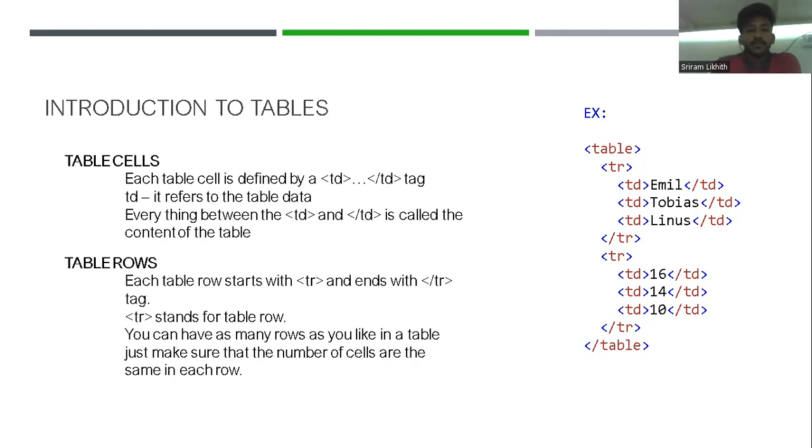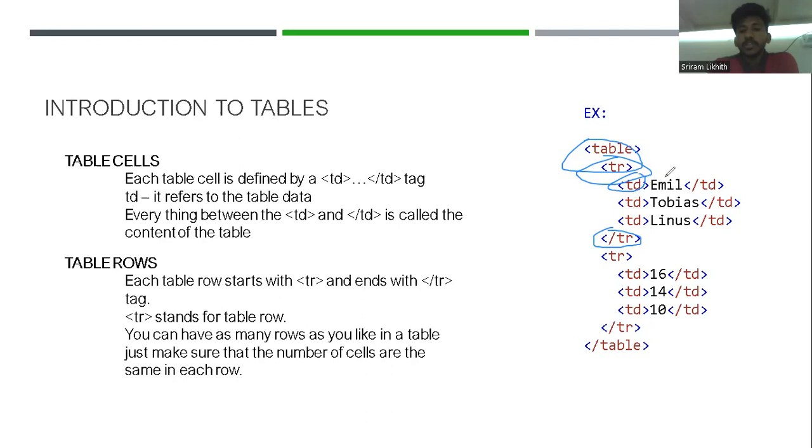So this is the table tag. Without using this table tag, we can't form the table. This is the row tag. It will end here. This is a table data tag.